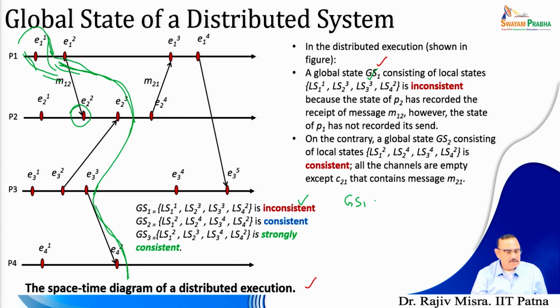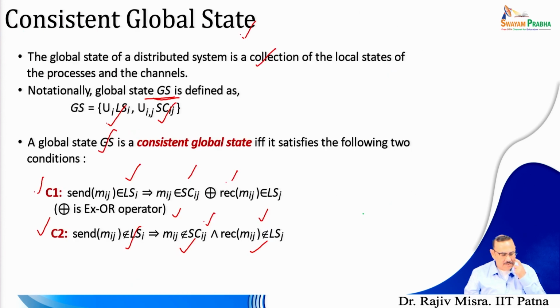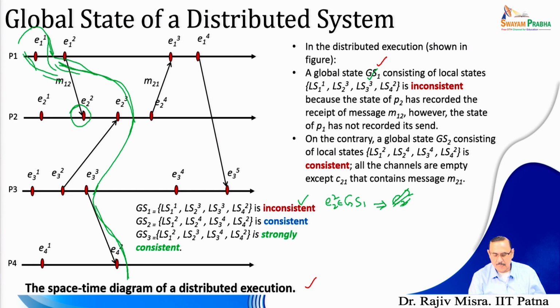Because the event E22 exists in GS1 such that this does not satisfy the C1 and C2 criteria. This implies that C1 and C2 are violated.